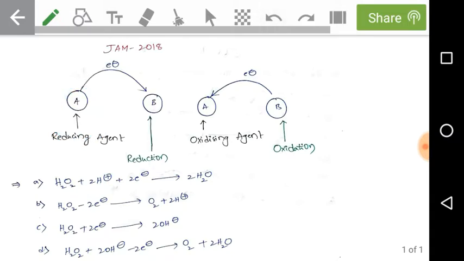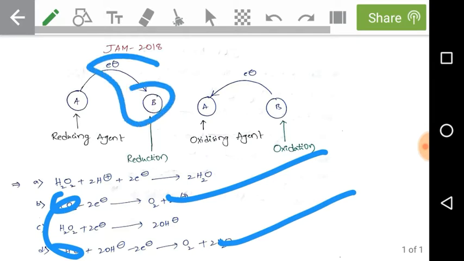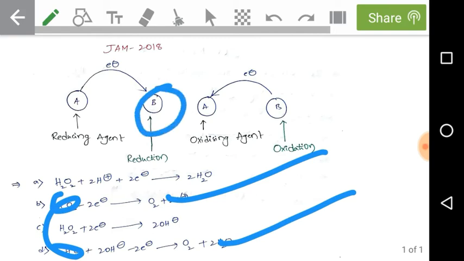So which options give the answer for the given problem? Option B and option D. In reaction B and reaction D, hydrogen peroxide acts as a reducing agent by giving its electrons to another species and causing reduction in it.